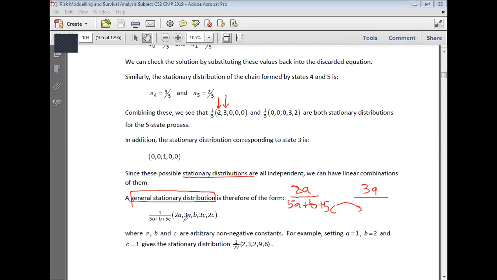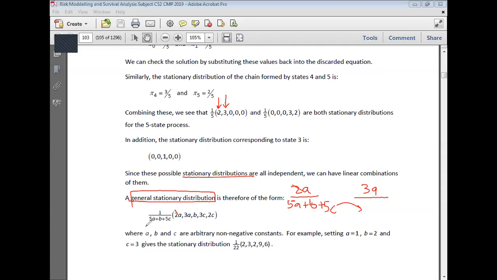So instead of writing these three separately, we have just generalized it. And if you see the ratio, this remains the same because it will still be 2 to 3. This will still be 1. And this will still be 3 to 2. So that is what you will always have. And now if you add up all of these, this will again sum up to 1. So this is how you can generalize the stationary distribution.